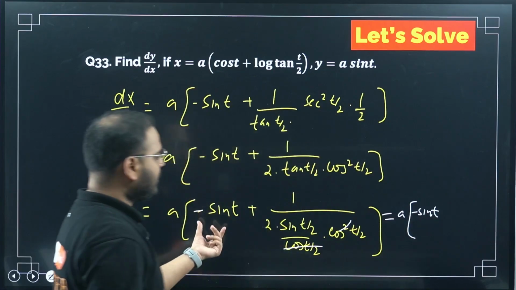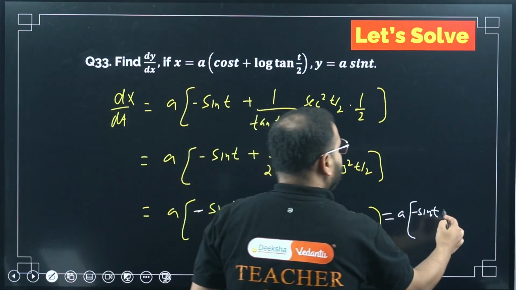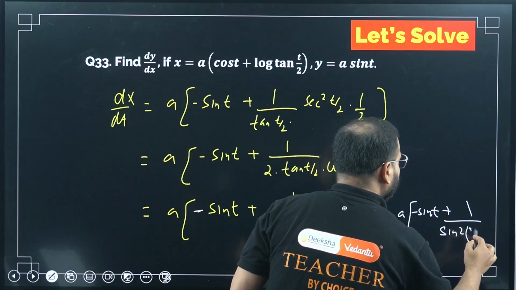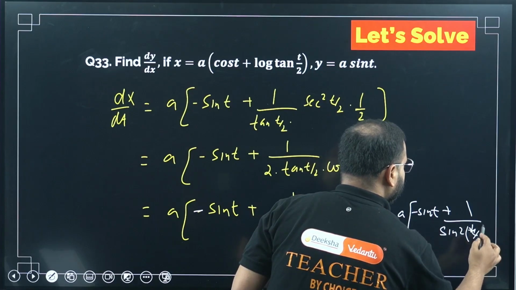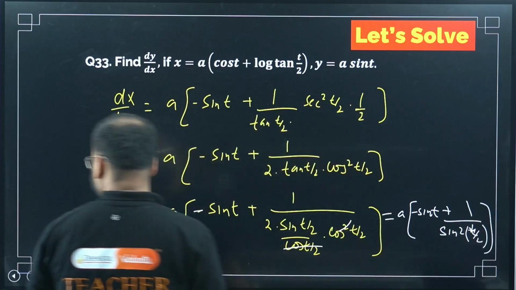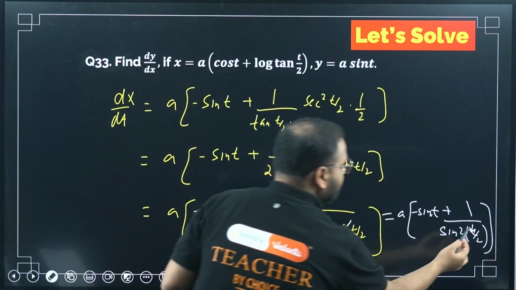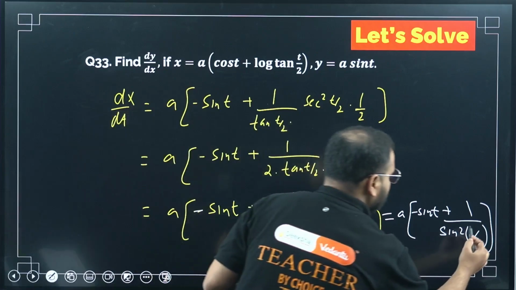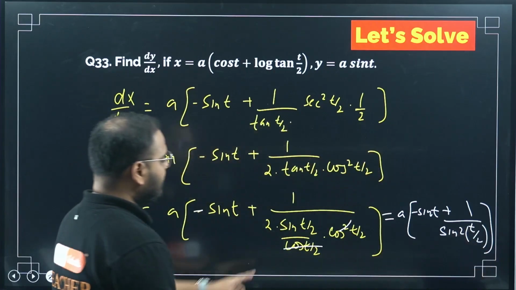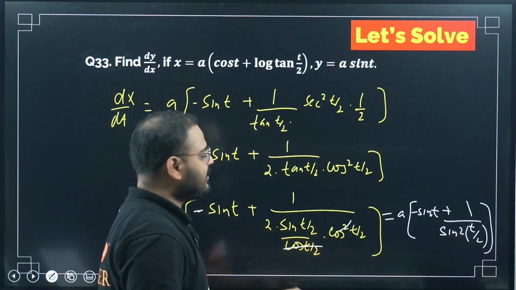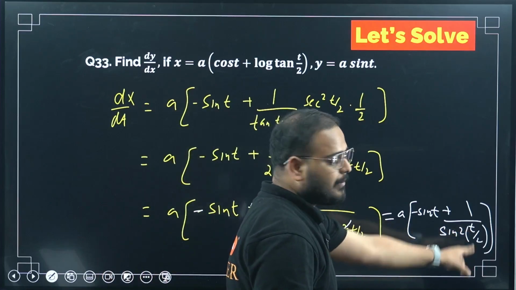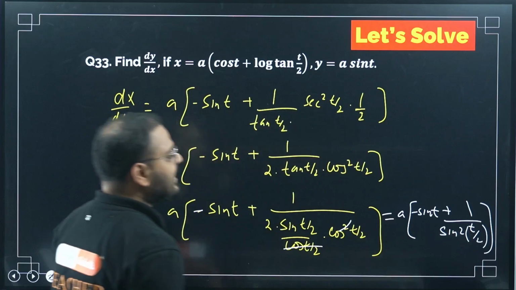Now this will become plus 1 by sin of t by 2 times 2. Yes or no? Please pay attention over here. Look, t by 2. 2 sin cos means sin 2 times of the same angle. So sin of 2 times t by 2. The 2 and 2 will cancel. So simply sin t. Okay.